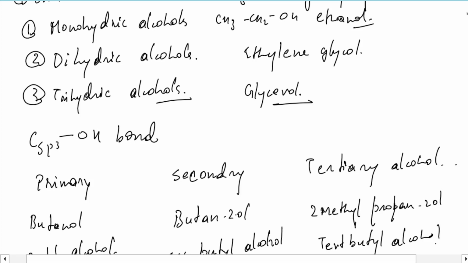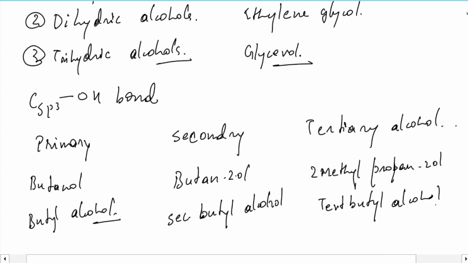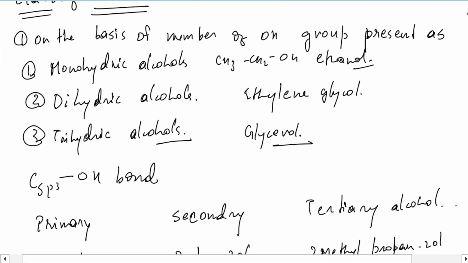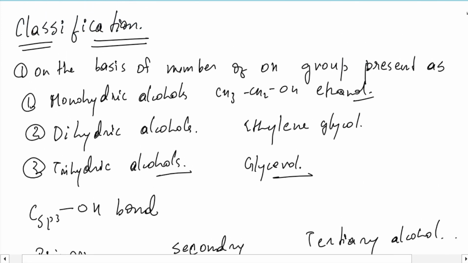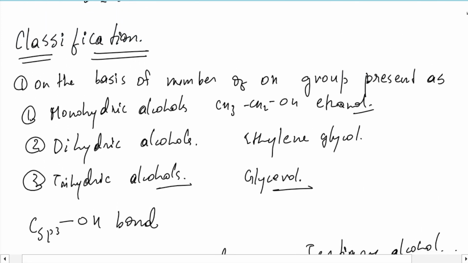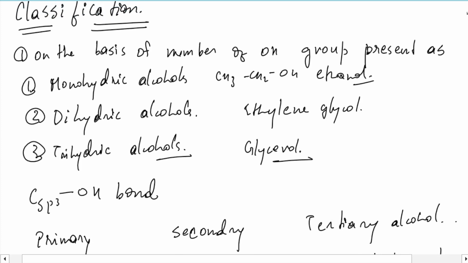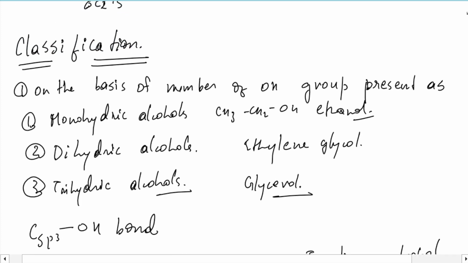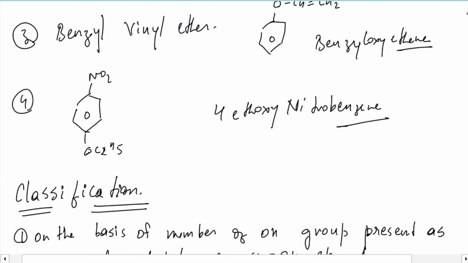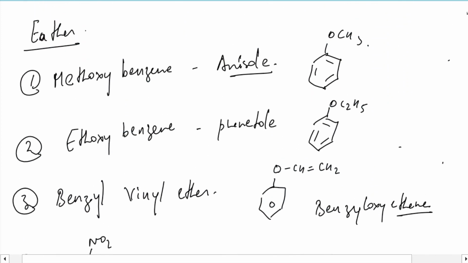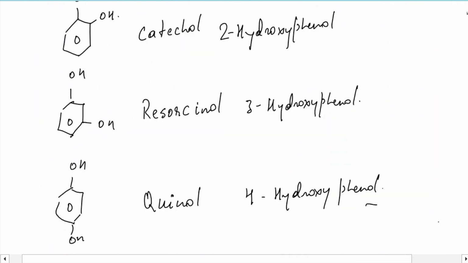So this was the first classification, on the basis of number of OH groups present. If it's one OH group, then it's monohydric, two OH groups dihydric, three OH groups trihydric. I hope this is clear. And nomenclature we can discuss a lot, but we have briefed it here only.